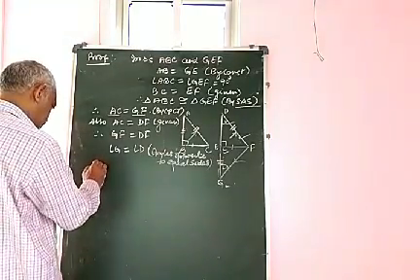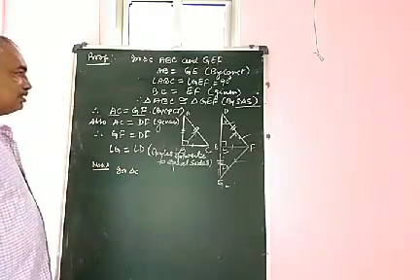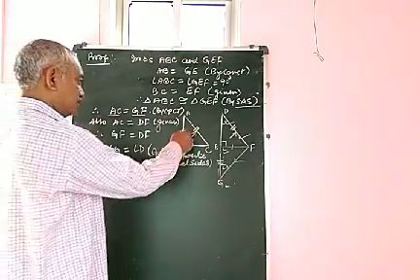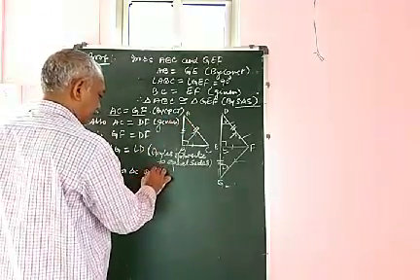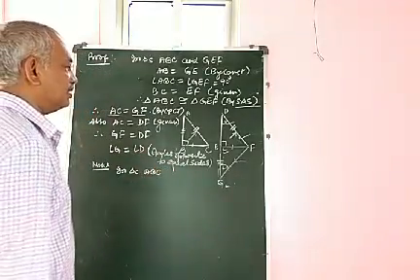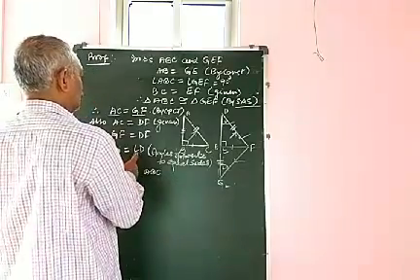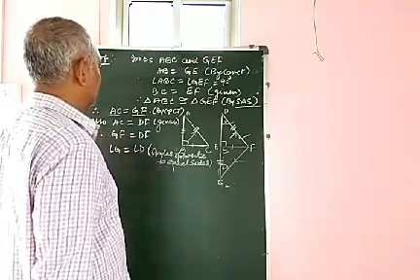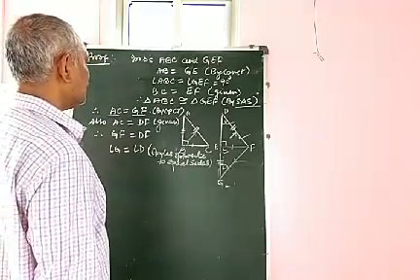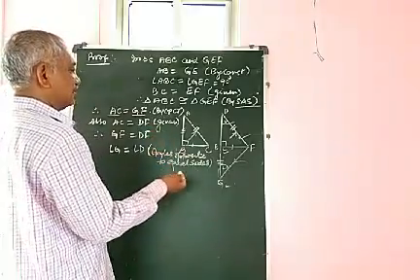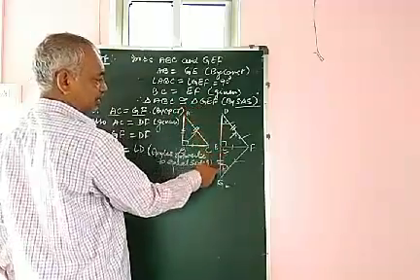Now in triangles ABC and GEF, angle ABC is congruent to triangle GEF as we first proved.